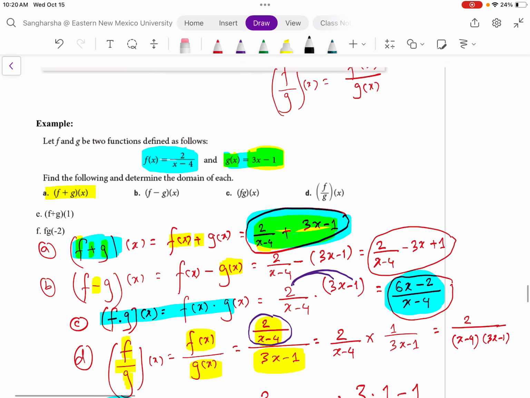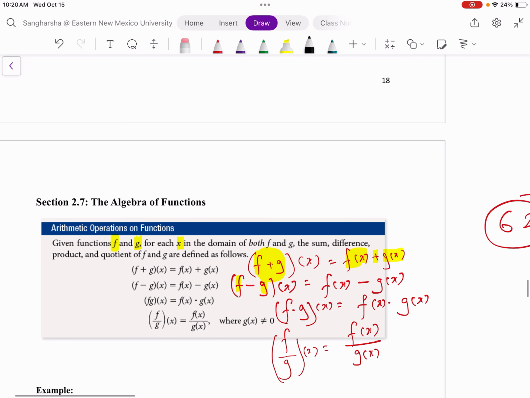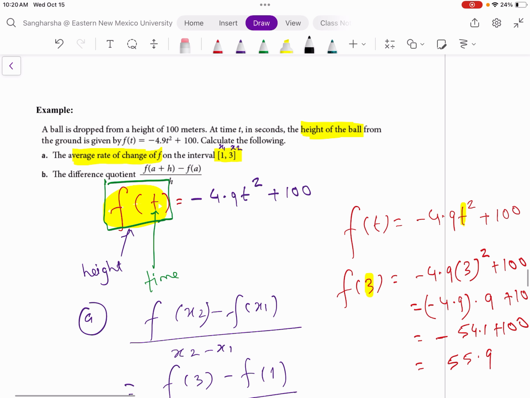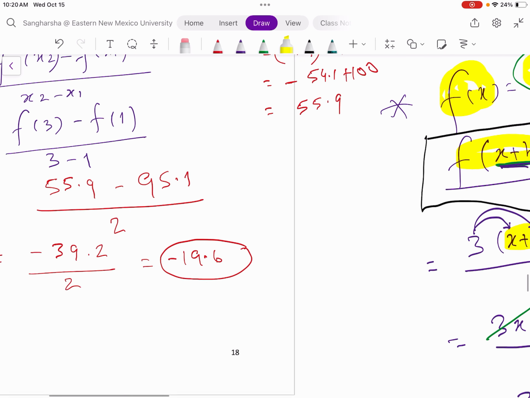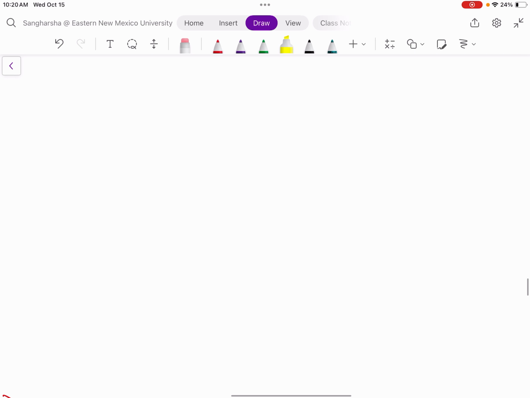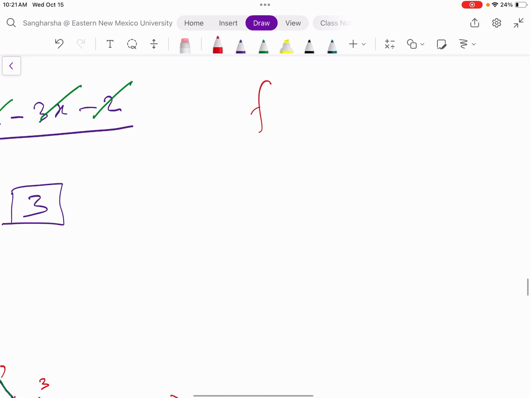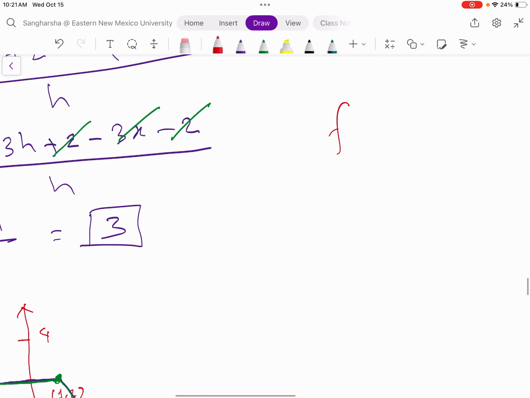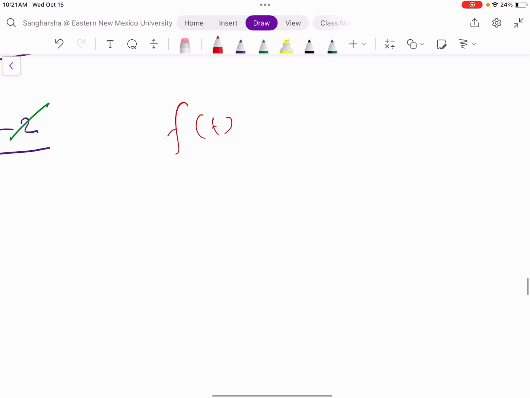In page 18, so here we still have this part B. We have to find the difference quotient. So let me write down the function here. F of t equals minus 4.9 t squared plus 100.